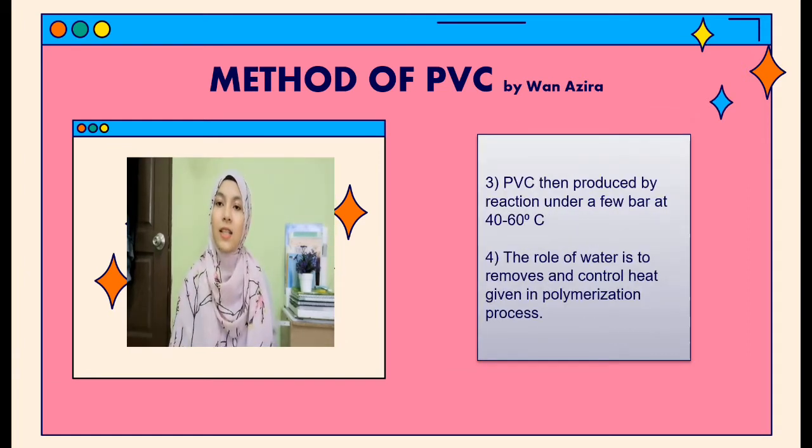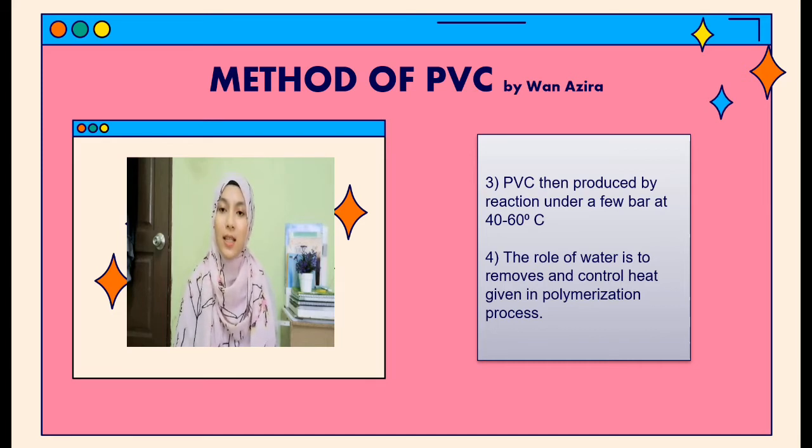Next, the initiator is fed into the reactor and PVC is produced under a few bars at 40 to 60 degrees Celsius. The role of water is to remove and control the heat given off in the polymerization process. PVC forms as tiny particles which grow, and when they reach the desired size, the reaction is stopped and unreacted vinyl chloride is distilled off and reused.